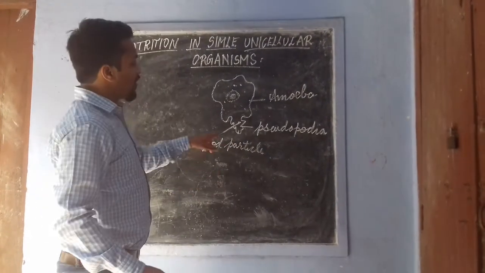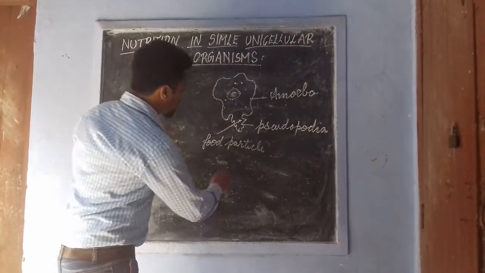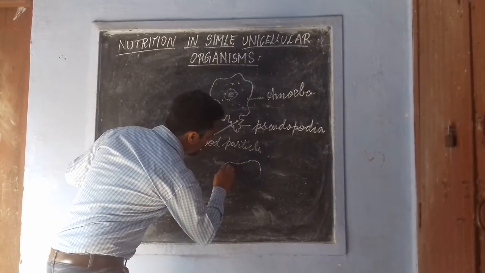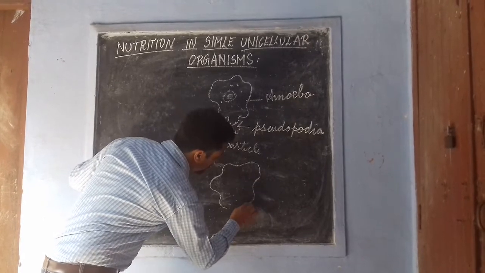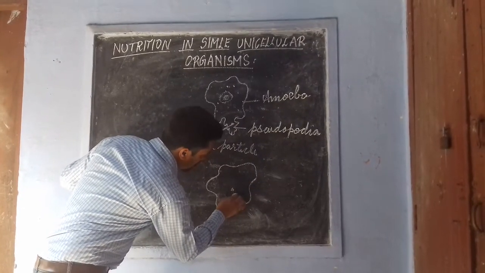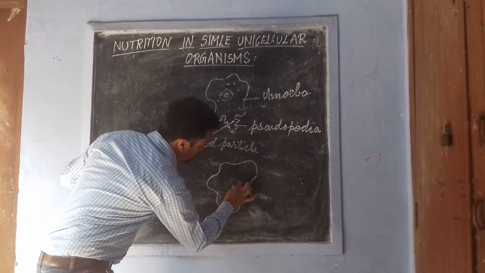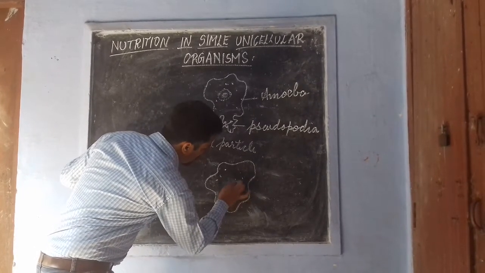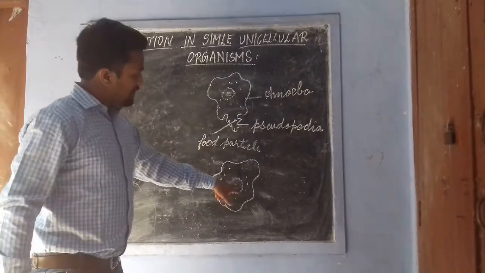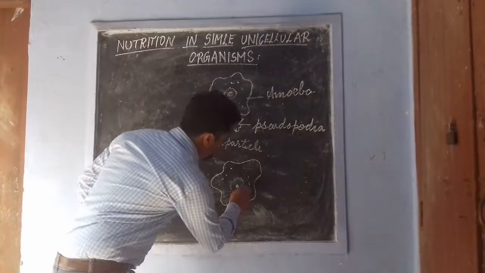Now what happens when this food particle is engulfed? It is engulfed completely by this amoebic cell and a temporary food vacuole is formed.